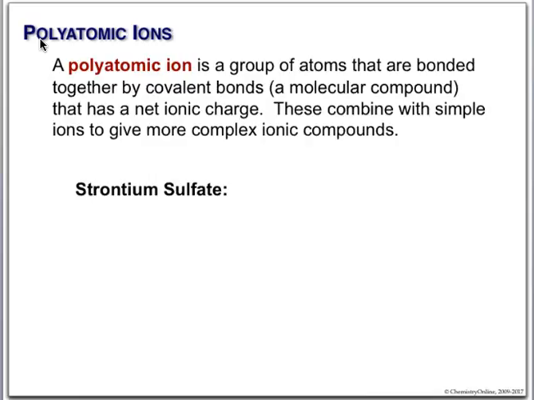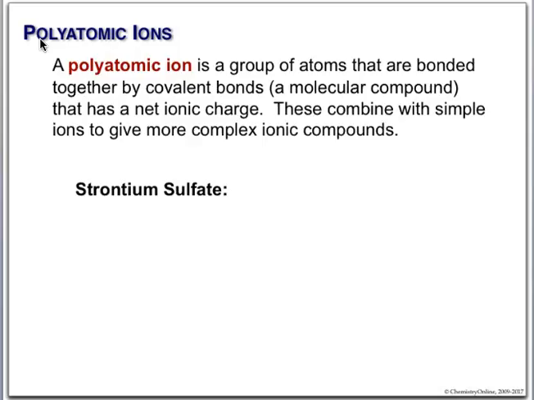So typically, in fact, always, these are going to be nonmetals or semimetals in the ion itself. They're either going to have extra electrons or they're going to be missing one. So they'll be cationic or anionic. And we're going to combine these with simple metal ions to give complex ionic compounds.